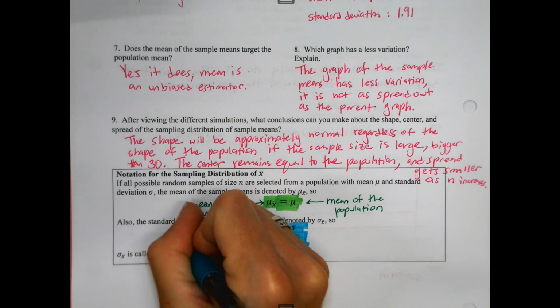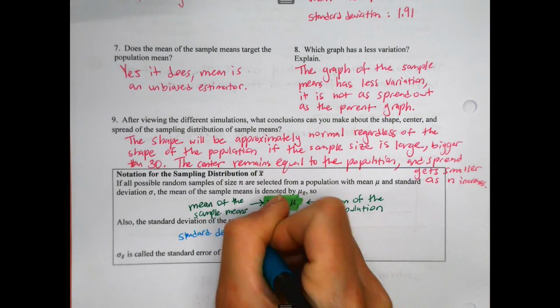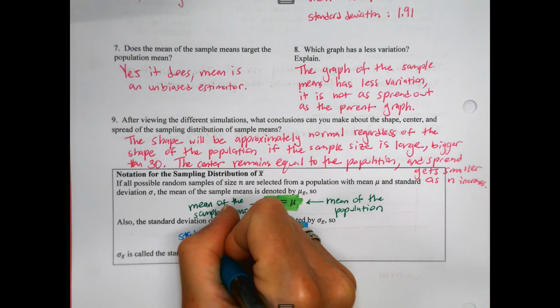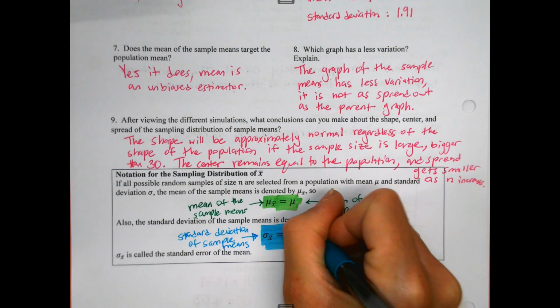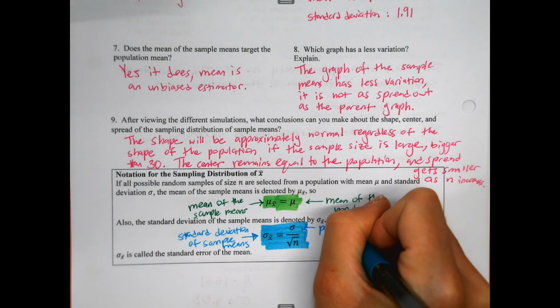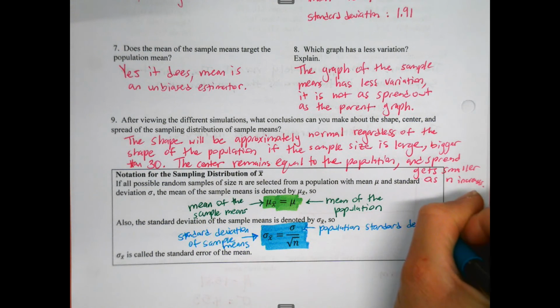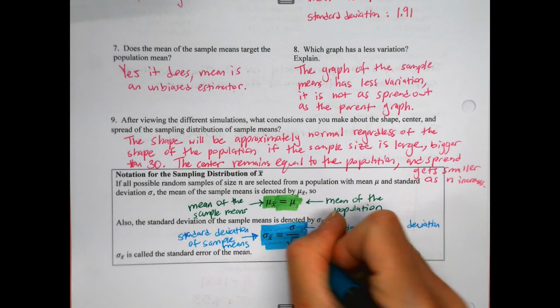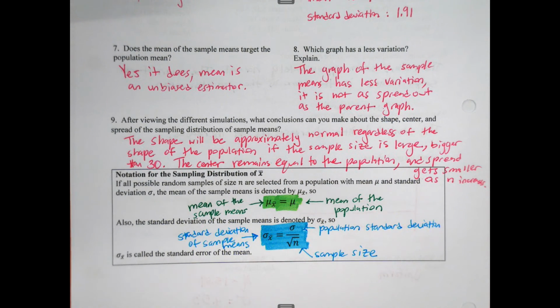This is the standard deviation of the sample means. This is our population standard deviation. And n is the sample size. And this is going to allow us to use our normal distribution rules and that standard normal distribution.